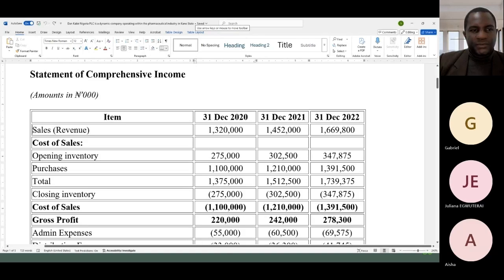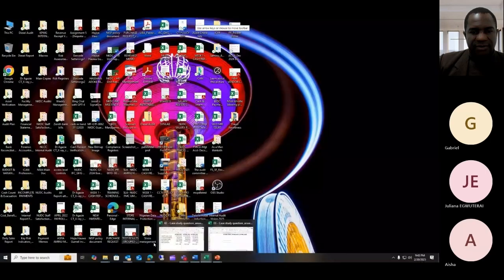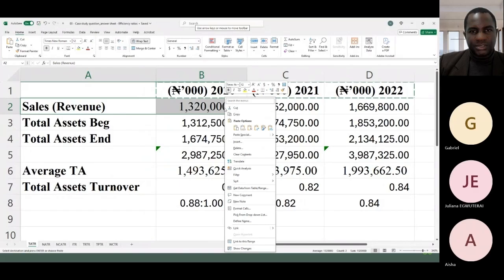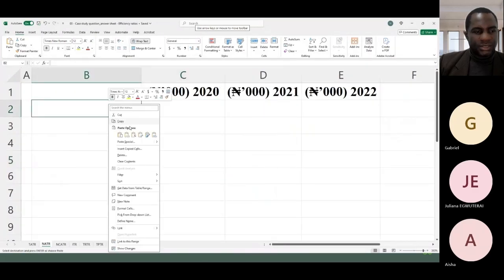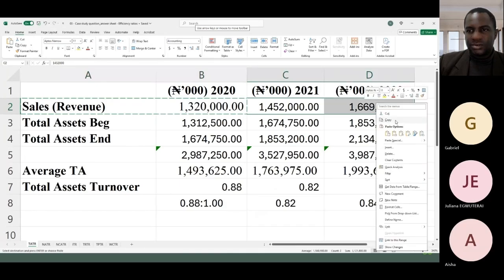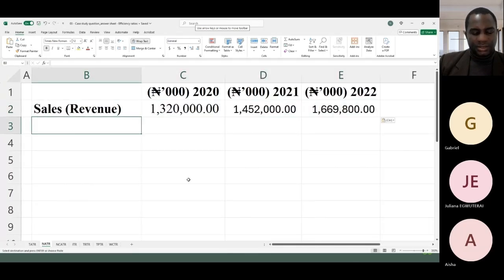Okay, so let me pick the first year. Based on our formula, we have revenue. I'll use the total asset revenue I used here, so let me post it here, since you are doing 2022 and 2023. Then the next thing I have is my net sales.